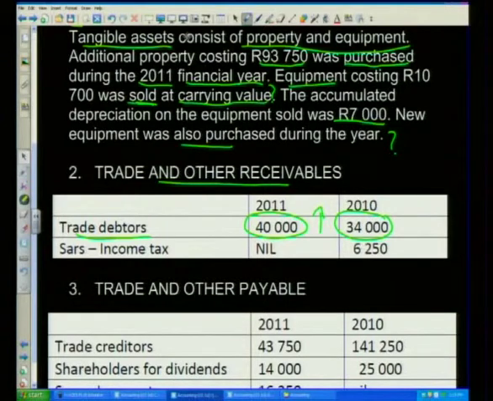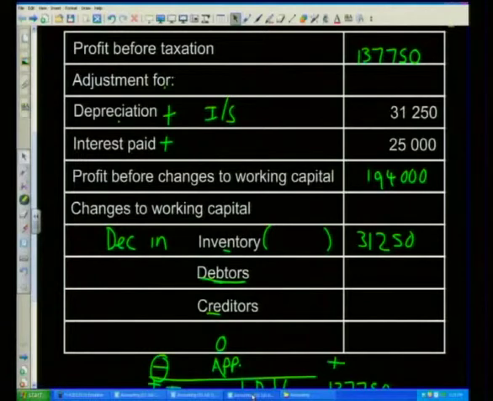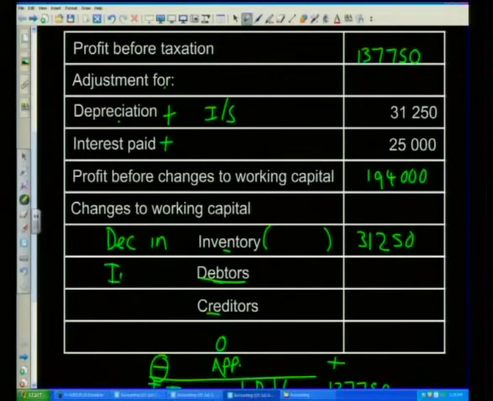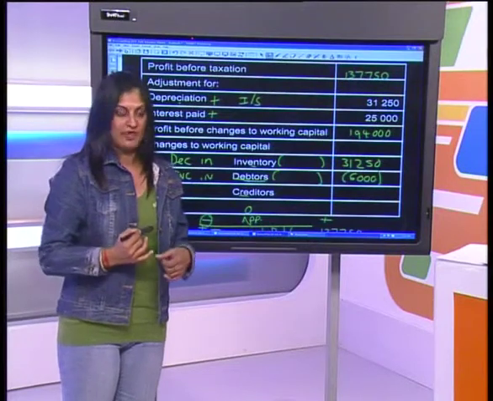So let's enter that. There's been an increase. There we go. So there's been an increase in debtors. Again, you're going to show us bracket work, an amount of 6,000, and I've already explained this is considered to be an outflow of cash.